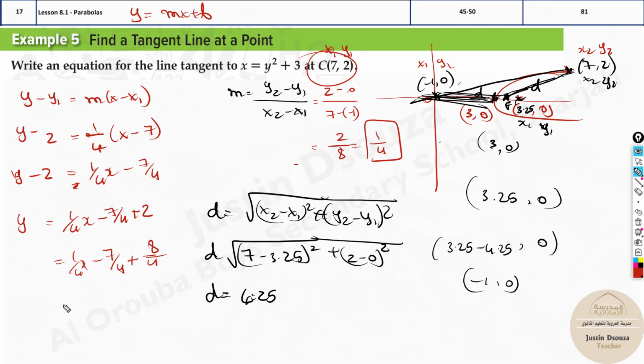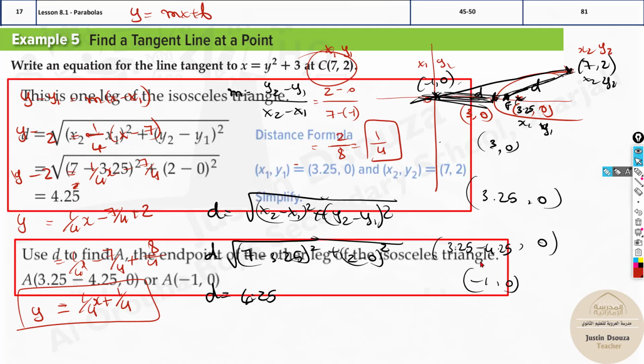So it's 1/4 x plus 1/4. Why? Because 1/4 is the denominator, 8 minus 7 would be positive 1, and that is the equation. This is the equation of the tangent line. It is 0.25x plus 0.25, or 1/4 x plus 1/4. Let's look into the final answer.